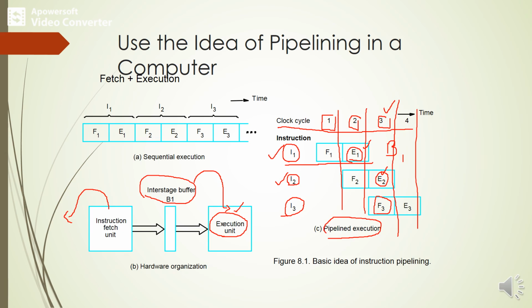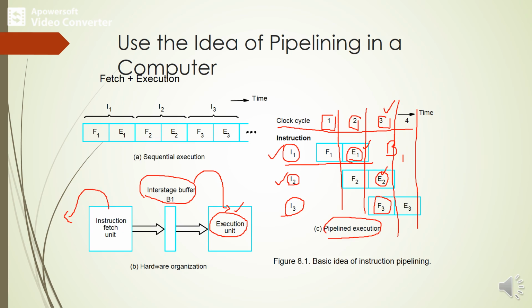Each time, after fetching, the instruction will be copied into B1, the interstage buffer register, in order to fetch the next instruction by the instruction fetch unit. So the fetch and execute units can be overlapped so that we can improve the performance, and we can perform both instruction execution as well as instruction fetch phase in parallel. During the fetch phase, the instruction is read from the memory.